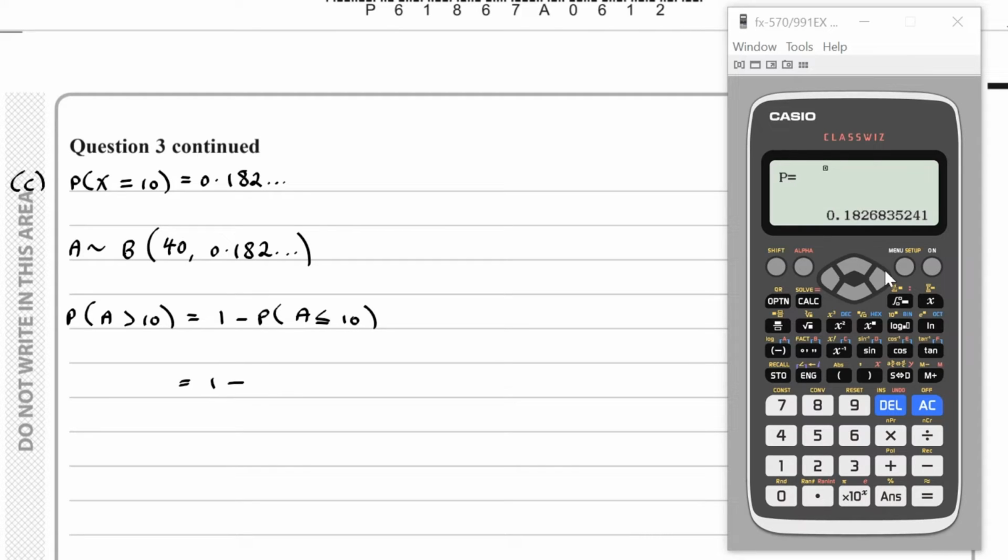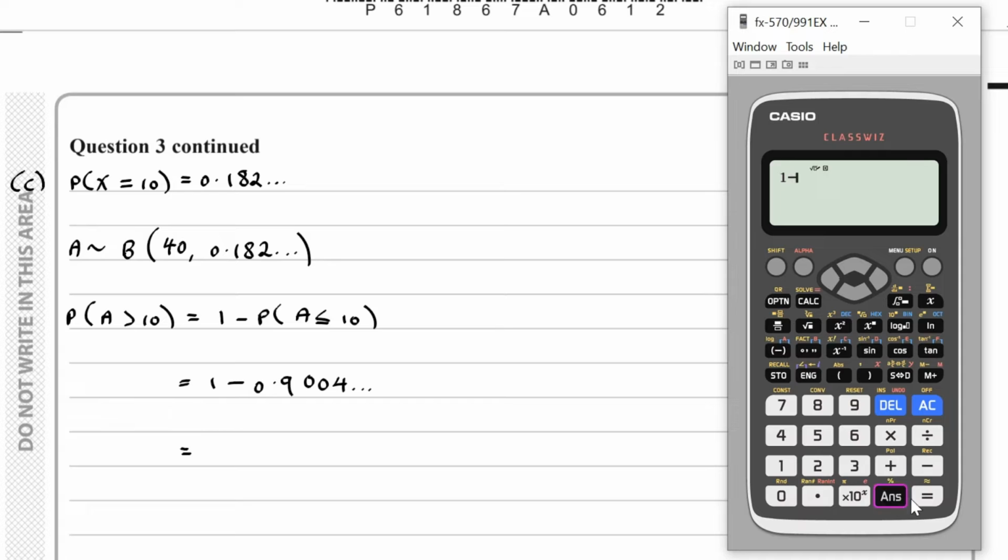So we have 1 minus, well, if I store this into A, binomial CD, so x is equal to 10, n is equal to 40, the probability is equal to A. So we have 1 minus 0.9004, etc.